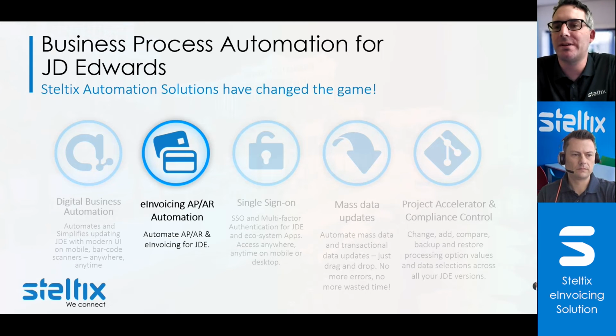From a portfolio perspective, we're focusing in on the e-invoicing solution for AR and AP today, but just to make you aware that we have a broad range of products to help organisations automate their business processes from a JD Edwards perspective.